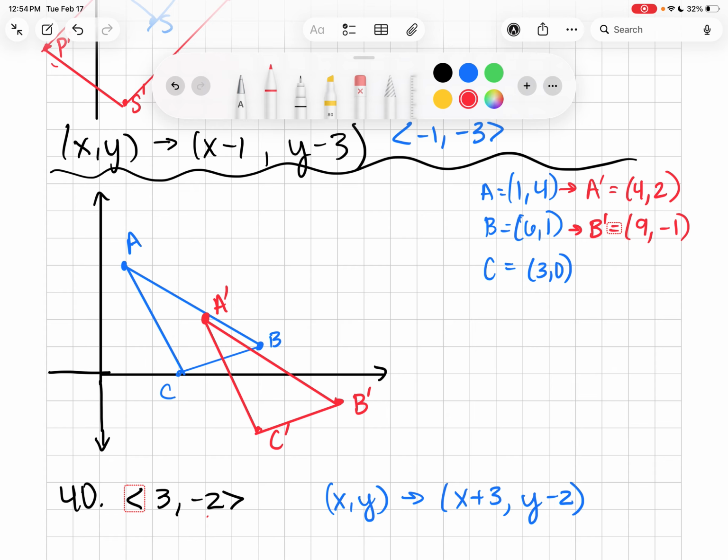And then lastly, for C, we have 3 plus 3, so that would be 6, and then 0 minus 2, -2. So (6, -2). It didn't ask for this, but I'm doing it so that you get extra practice mathematically because I don't have a ton of examples in this section.